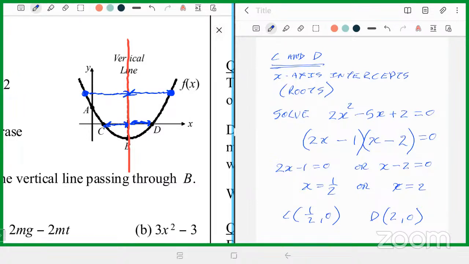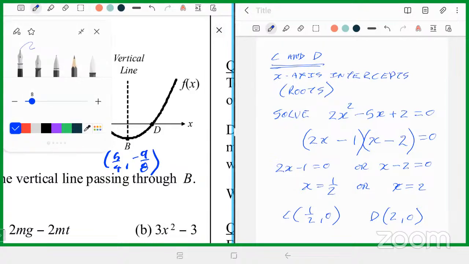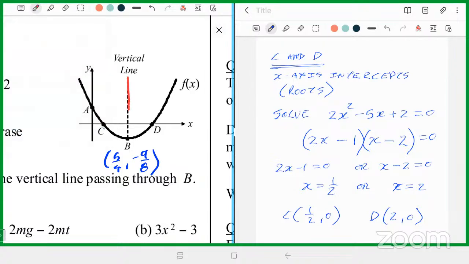The graph is symmetrical about that vertical line which passes through the vertex. Remember, we worked out the coordinates of the vertex. It was 5/4, -9/8. So this vertical line has an equation. This vertical line, the axis of symmetry, has an equation similar to the equation of the y-axis because it is vertical like the y-axis. The equation of the y-axis is x equals 0.